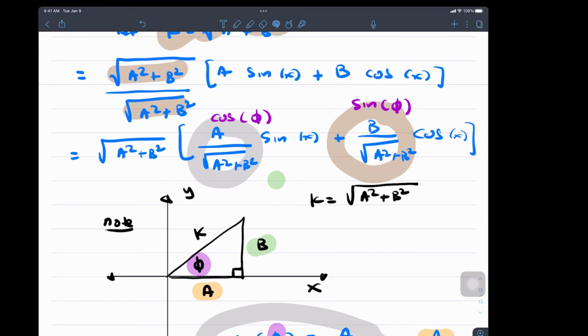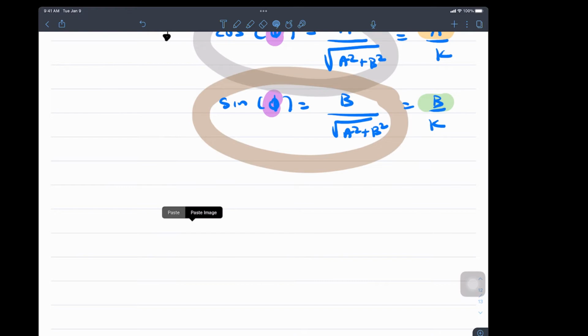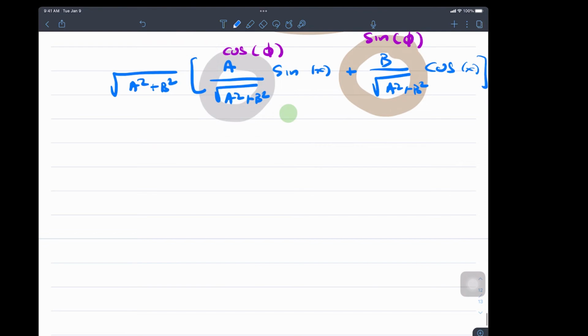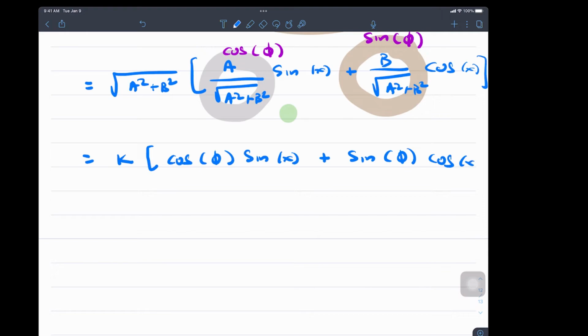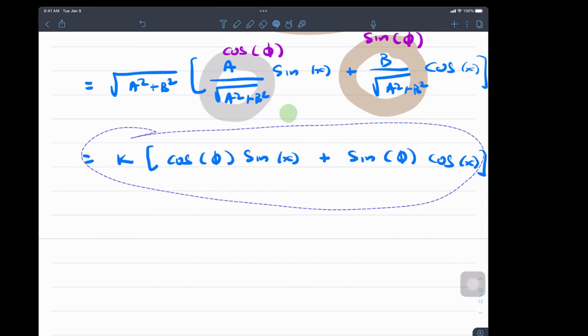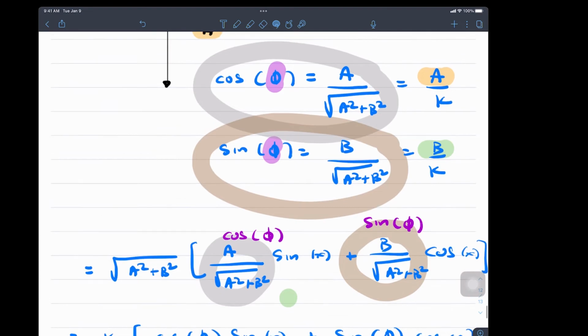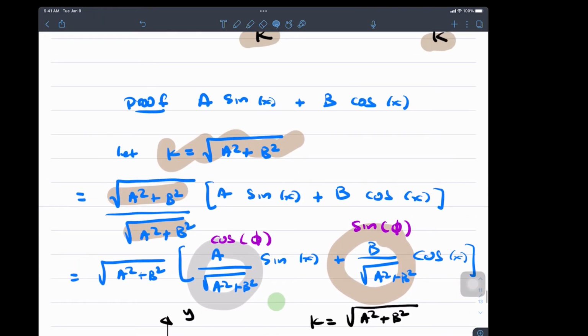So far, here's what this equals. Okay, so far, this equals what? K cosine phi sine x plus sine phi cosine x. Okay, you guys okay with that?